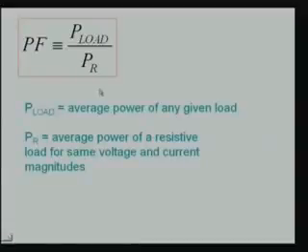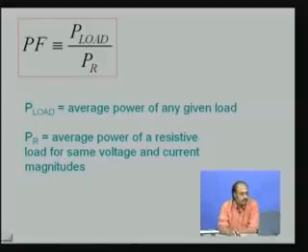It may be an RL load, it may be an RC load or any other arbitrary load, and PR is the average power of a resistive load for the same voltage magnitude peak and current magnitude peak. We will understand this much better as we do a few examples.